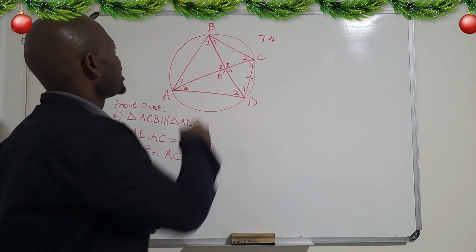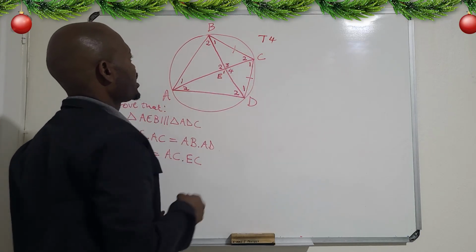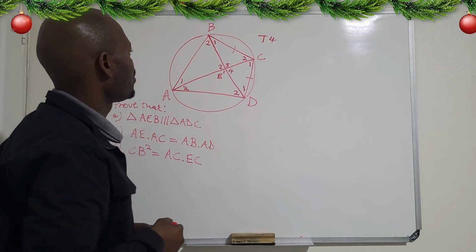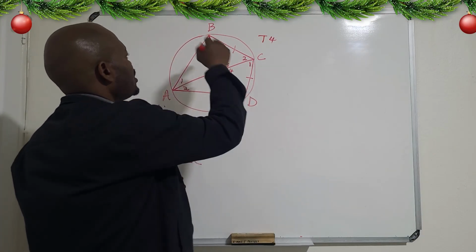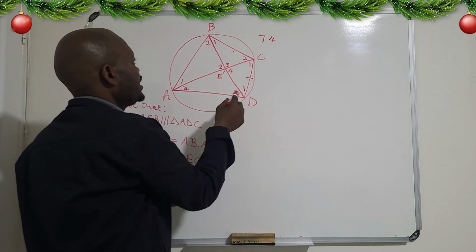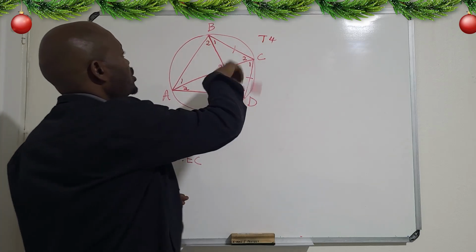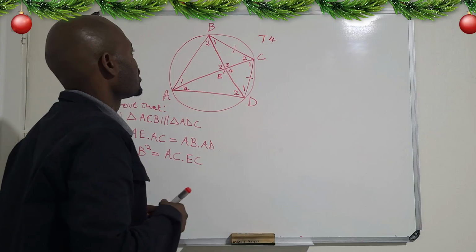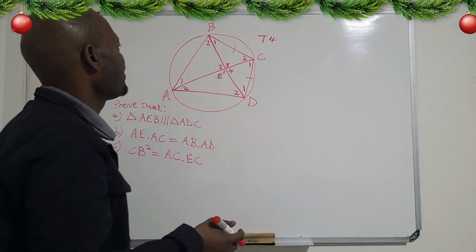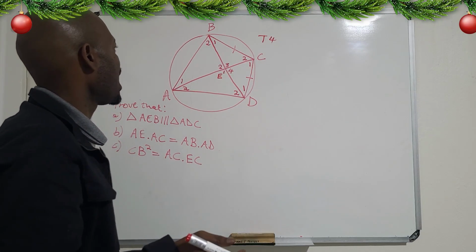We were never told that this is a cyclic quad, and we were never told that A, B, C, D are points on the circumference. Therefore, we cannot assume that this is a cyclic quad. Therefore, theorem number 5 and theorem number 6 are out.